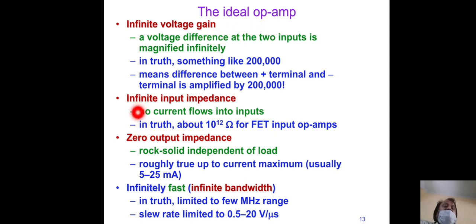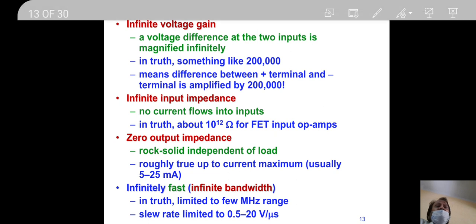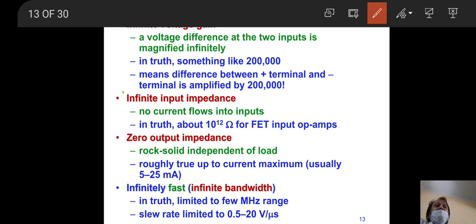Another characteristic of the op-amp is infinite input impedance. The input impedance is very high, so Z in is very high and no current flows into the input.